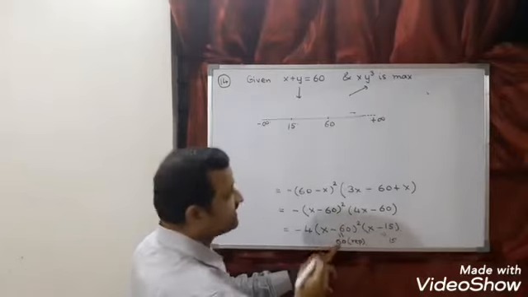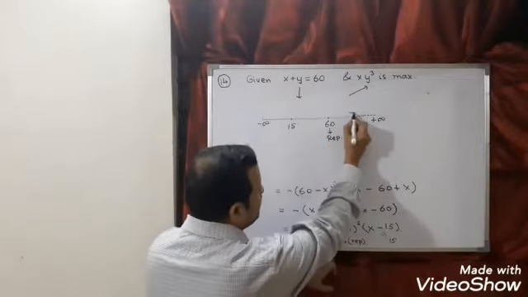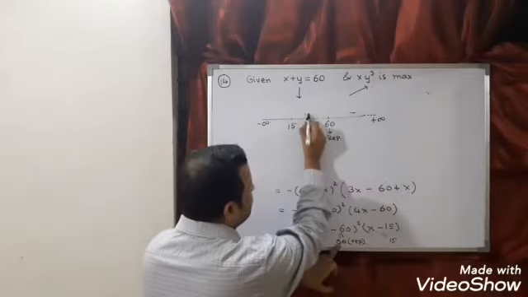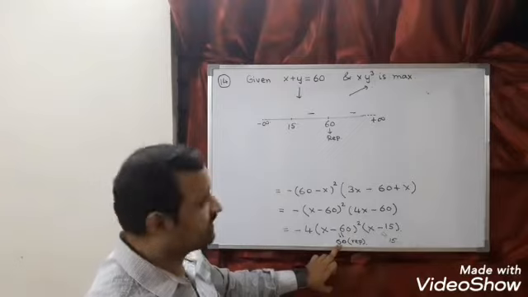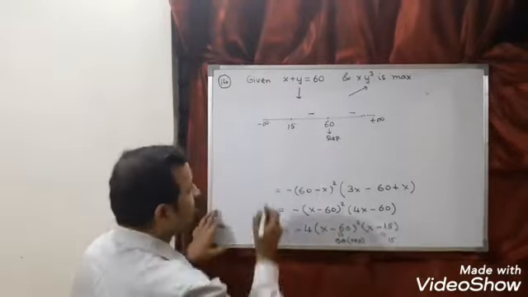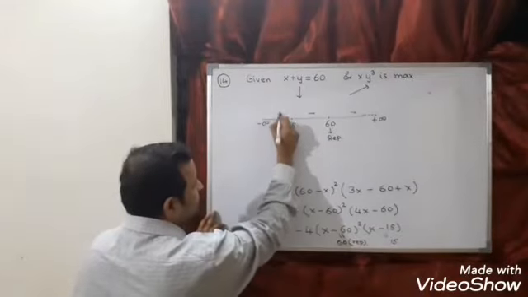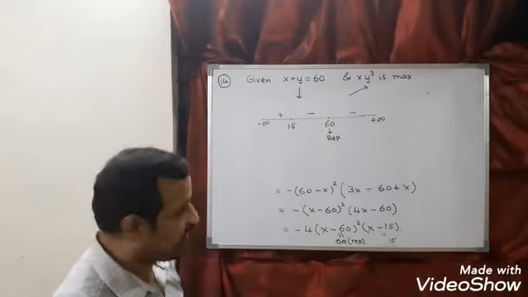So 60 is repeated. Since this point is repeated, what sign is coming here? Same sign will come here. Refer notes under working rule. Next, 15 is not repeated, so alternate sign will come. Here I can say plus. Right. Now the question is what? Maximum.